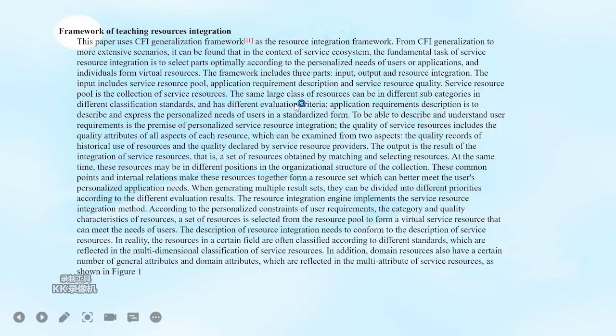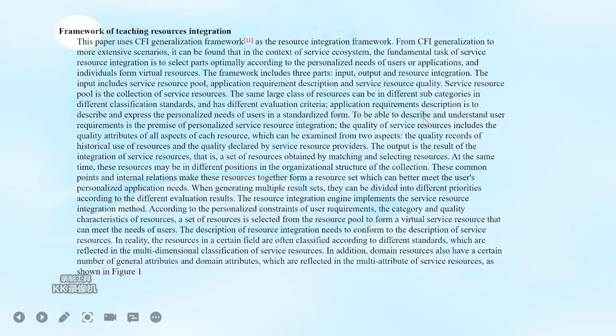The same large class of resources can be in different subcategories, in different classification standards, and has different evaluation criteria. Application requirements description is to describe and express the personalized needs of users in a standardized form.